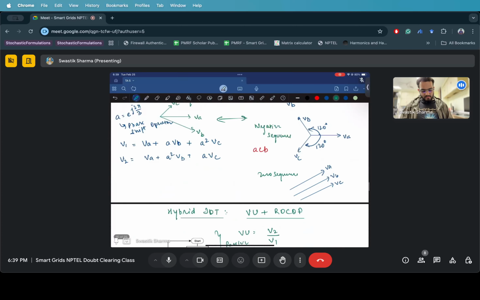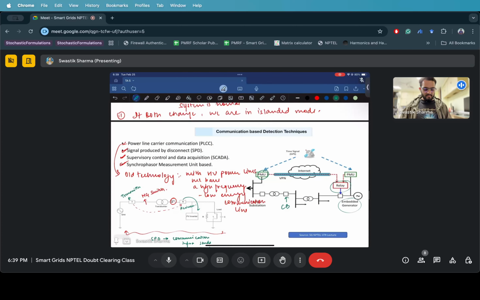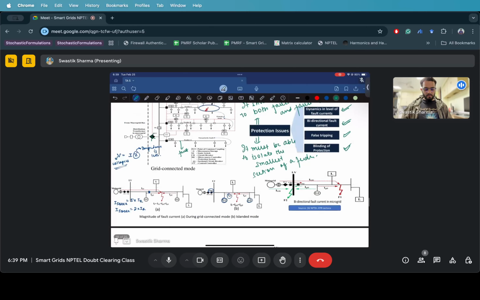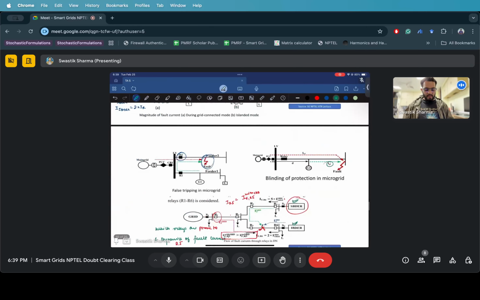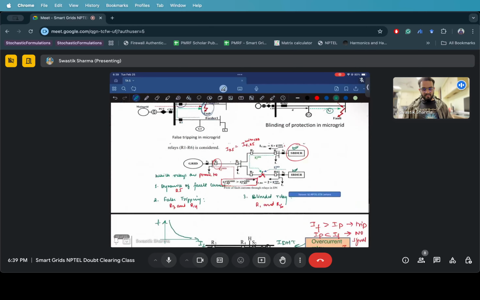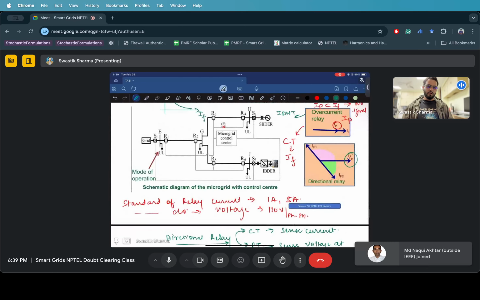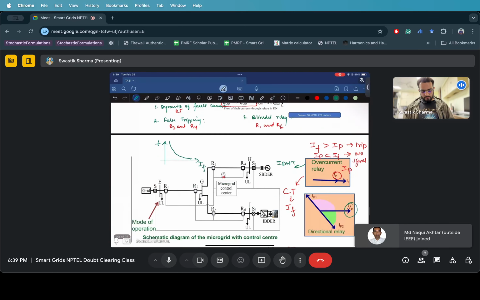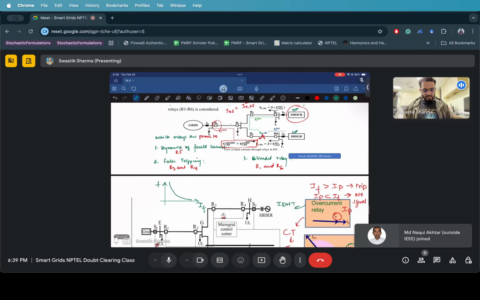We also discussed communication-based islanding detection techniques, and then we moved on to smart grid protection, microgrid protection. And we discussed the different issues it faces and how a DOCR, or directional overcurrent relay, can be used to have an effect over it.